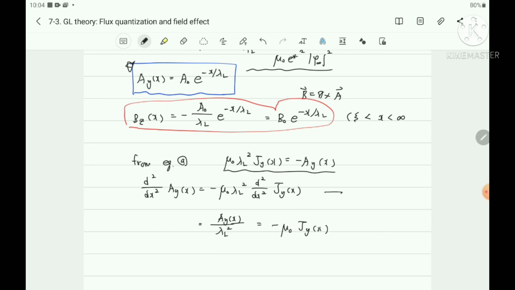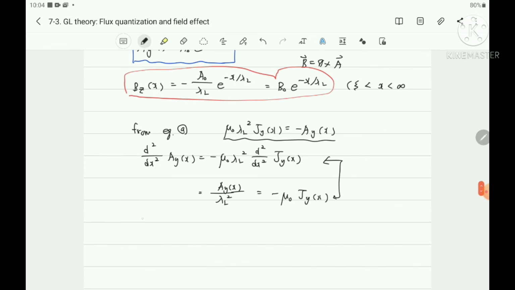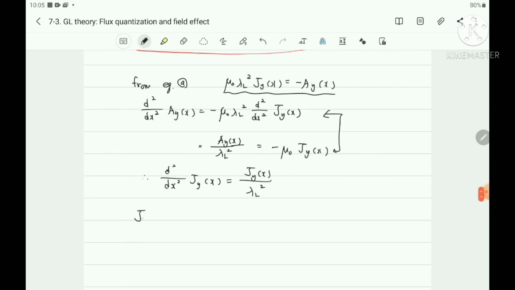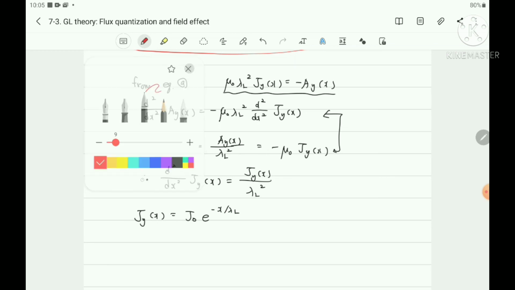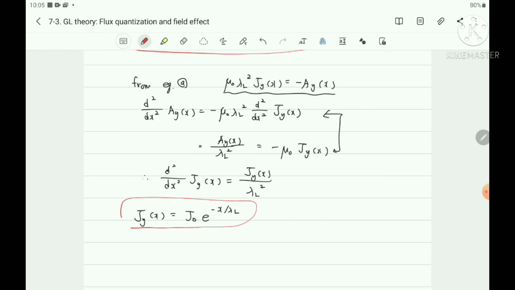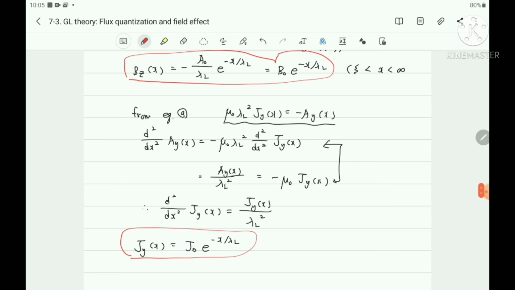Therefore from these two equations, we can say that d square dx square JYX also equals JYX over lambda L square. Therefore JYX also has J0 exponential minus x over lambda L. Here the carrier density also decreases exponentially, and it is consistent with the London equation.